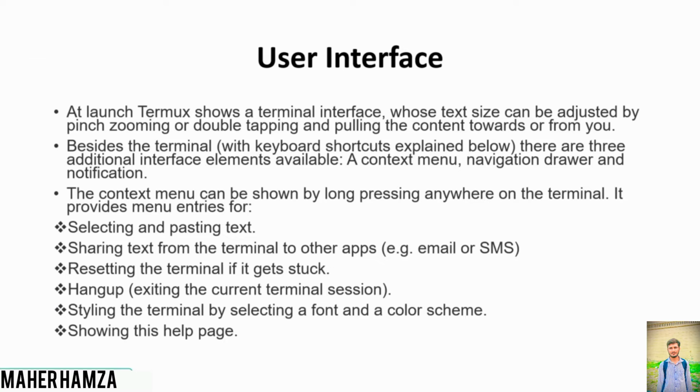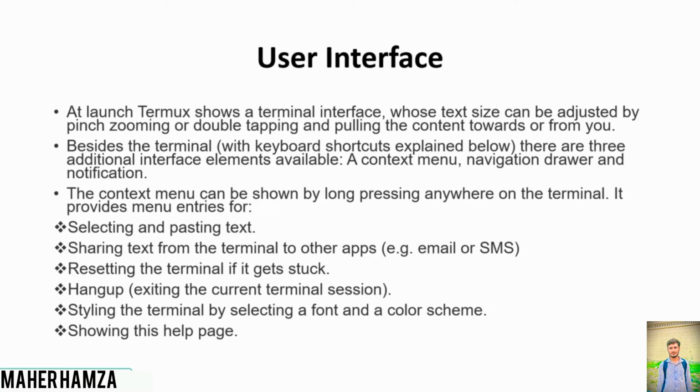Talking about the user interface, at launch Termux shows a terminal interface whose text size can be adjusted by pinch zooming or double tapping and pulling the content towards or away from you. Besides the terminal with keyboard shortcuts explained, there are three additional interface elements available: a context menu, a navigation drawer, and a notification.